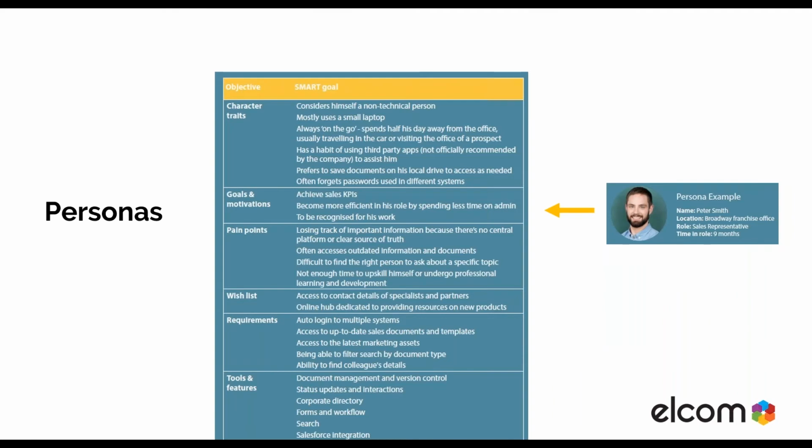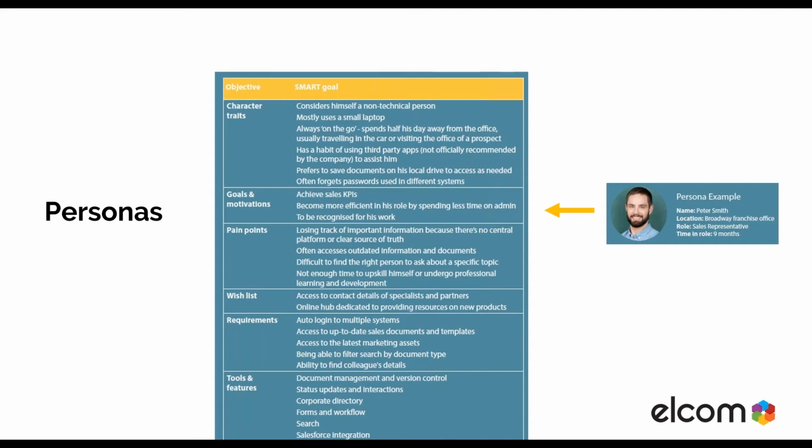So what's a persona? In this scenario, personas are fictional characters or character types that represent a group of users that might use your intranet in a similar way. Personas will help you find the answers to questions like, what do they want to achieve by using the intranet? How do we structure the information to best meet their needs?